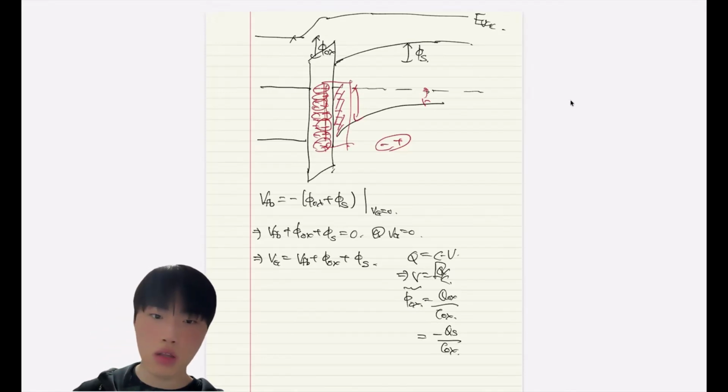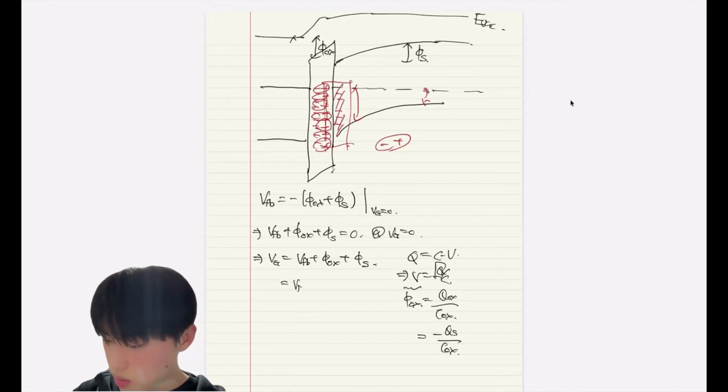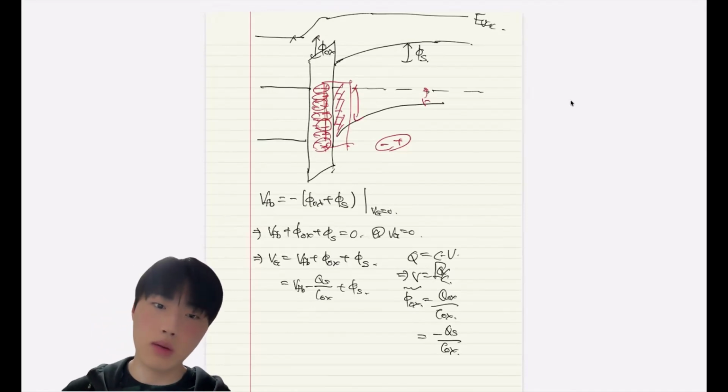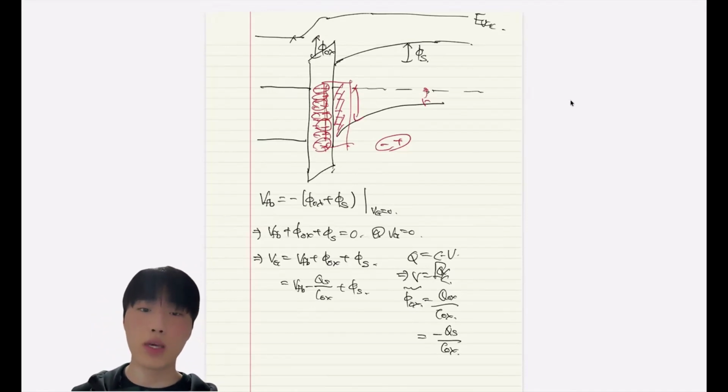So let's put it into the flat band voltage formula: flat band voltage equals minus Q_s over C_ox plus phi_s. So this is the final formula of the flat band voltage. So we can use this very freely. So yes, this was the MOS cap formula.